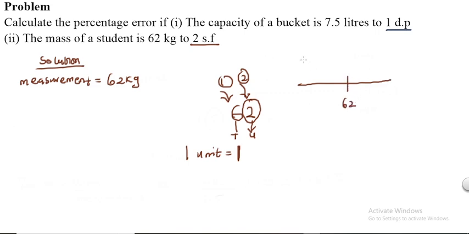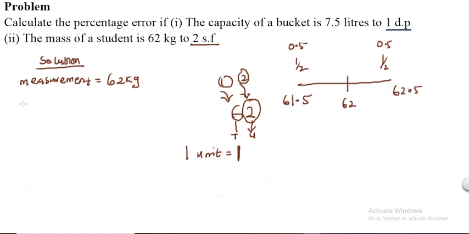If we spread 1, half of it here and half of it here, we'll get 0.5 here and 0.5 here. So if we add 0.5 to 62, you get 62.5. If you subtract 0.5 from 62, you get 61.5.